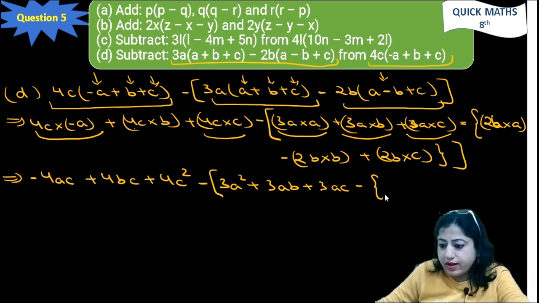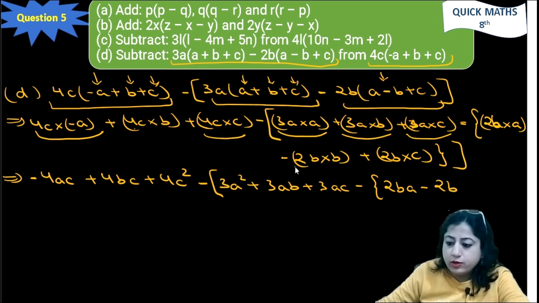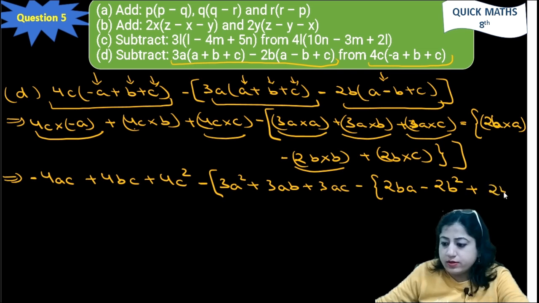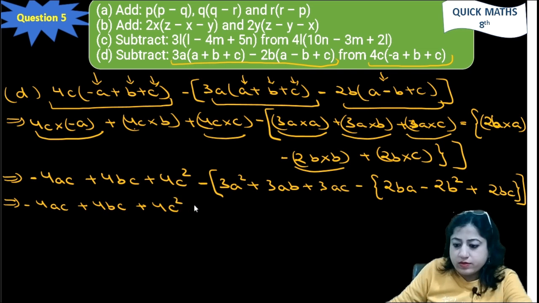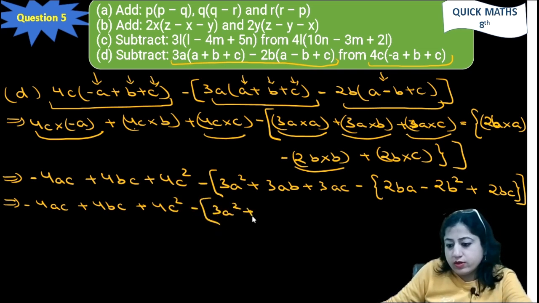Now minus and bracket, curly bracket, 2ba. Now minus, 2b multiplied with b will be 2b square plus 2bc, curly bracket, and then close. So it will be minus 4ac plus 4bc plus 4c square, and then 3a square, 3ab, 3ac.